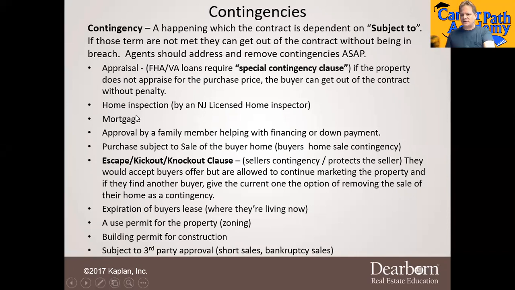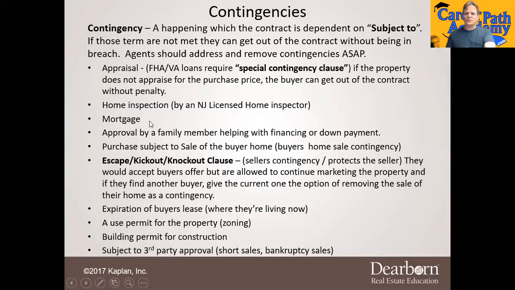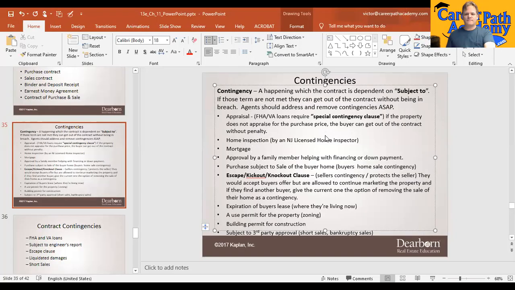If the house doesn't meet certain requirements or repairs need to be made, and the seller's not willing to do the repairs, or dangerous conditions are present, the buyer can get out of the contract. It's also subject to the buyer being able to obtain a mortgage to finance the purchase of the real estate.